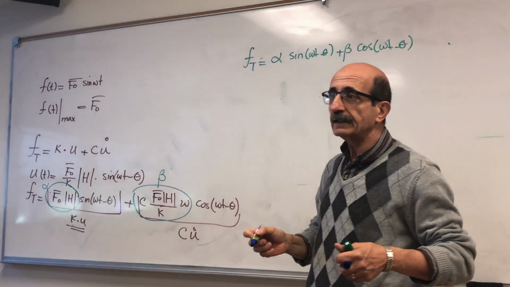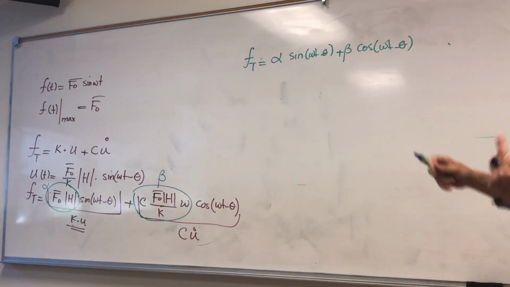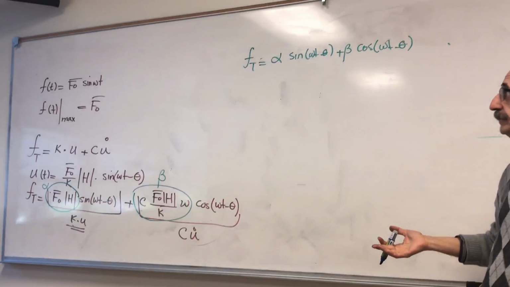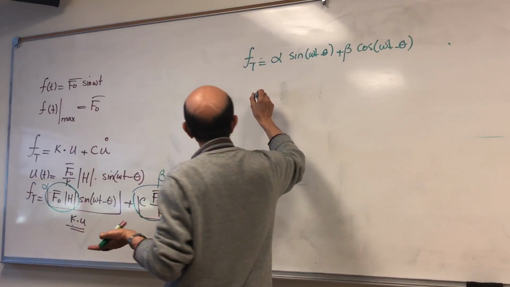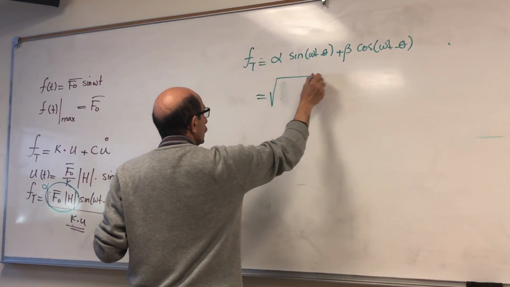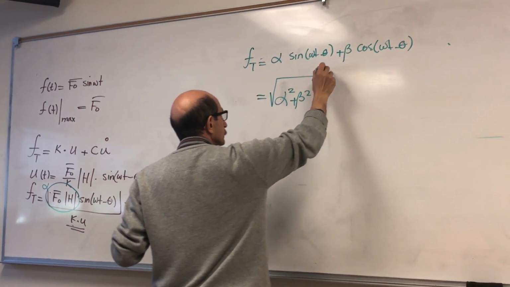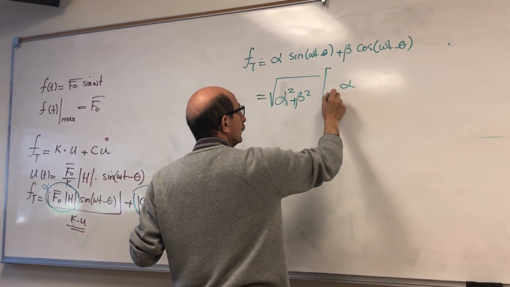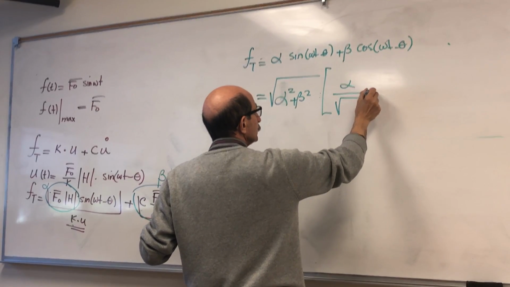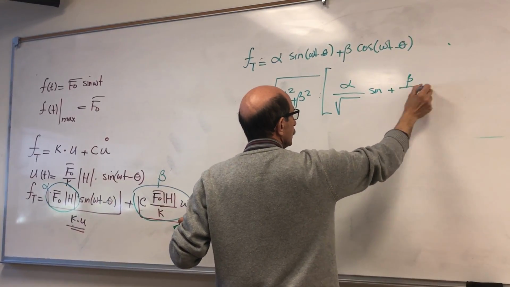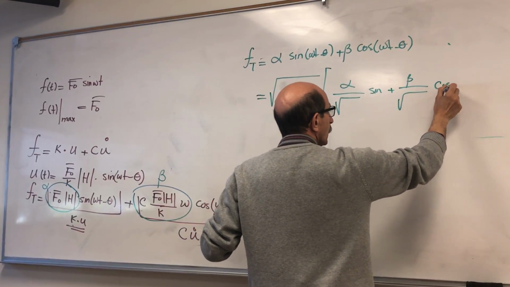By now we know that you can write this as a single harmonic function, right? And that would be of this form: square root of alpha squared plus beta squared, times alpha divided by this, sine, plus beta divided by this, cosine.